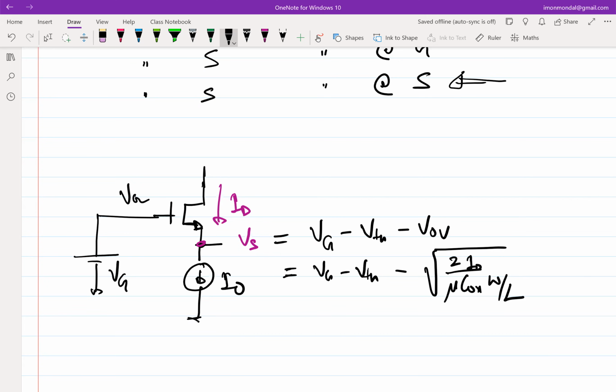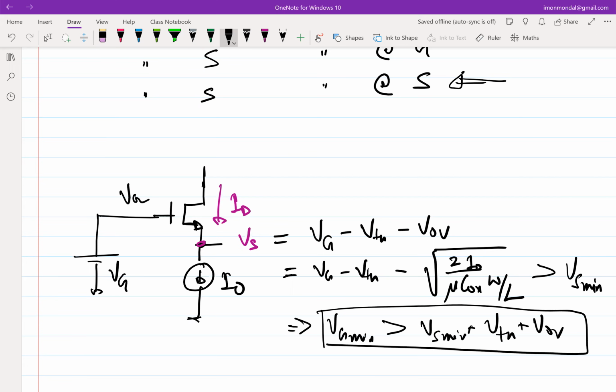Let me call it VS min. From there, you know what VG min is. VG min should be greater than VS min plus threshold plus V overdrive. You already know what V overdrive should be.